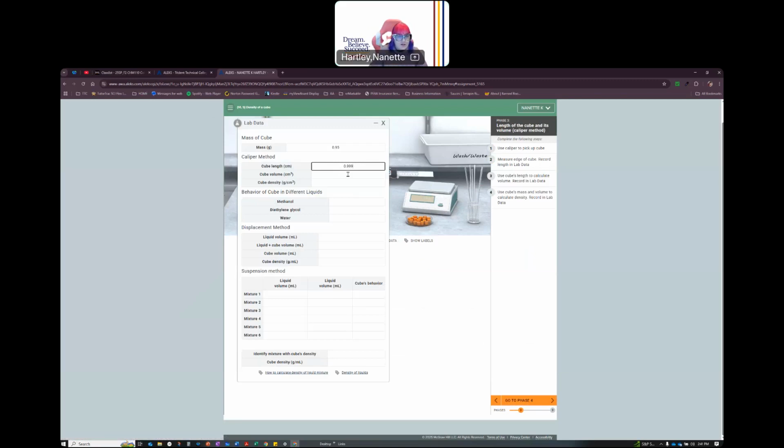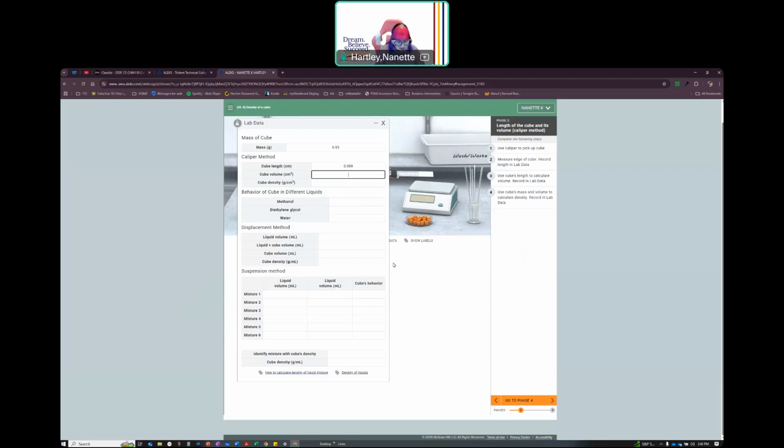Cube volume is then 0.999 times itself, and we don't do it just once, so 0.999 times 0.999 times 0.999. Cubing that, I get 0.99700.